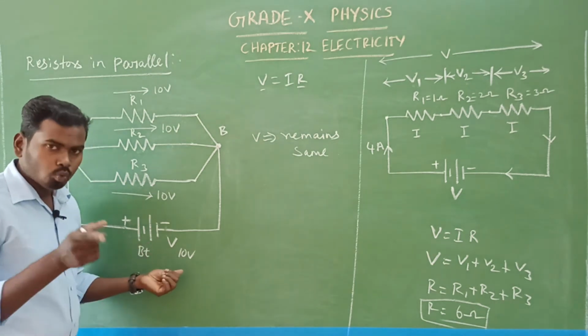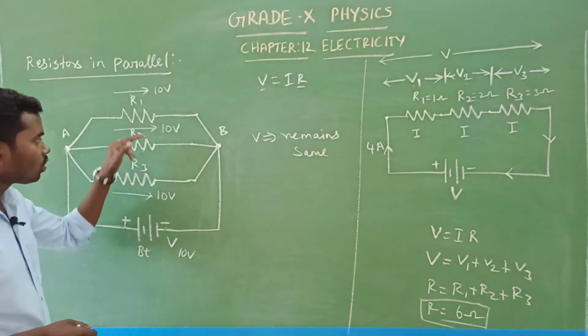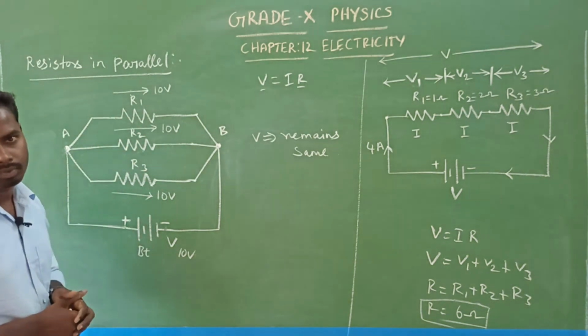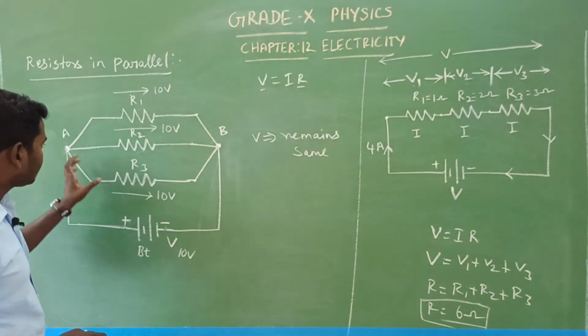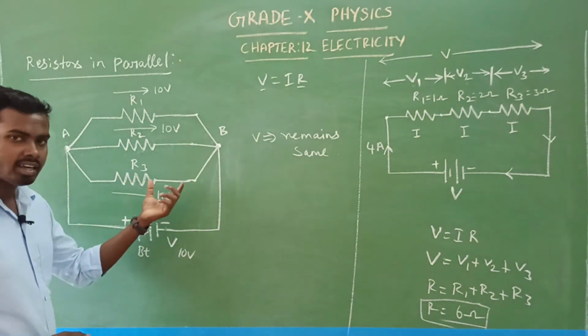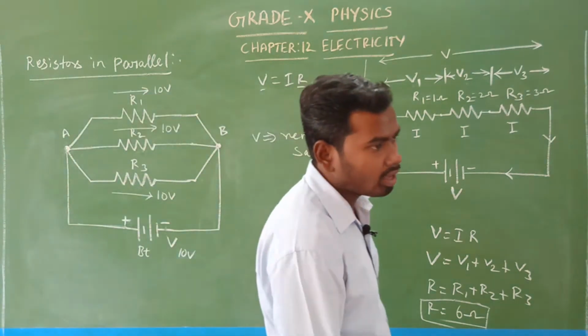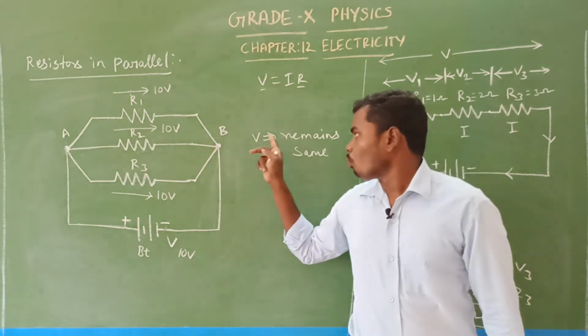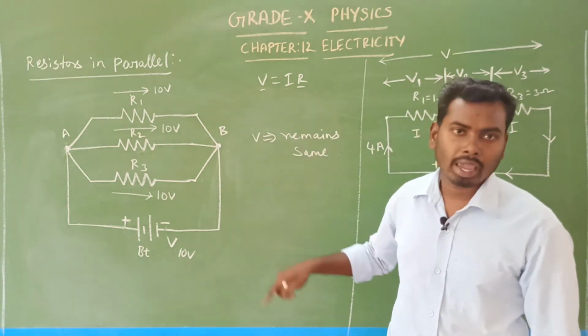If we apply a 10 volt potential difference in the circuit, each resistor will have the same 10 volt potential difference. Is that clear? Because all the resistors are directly connected to the two terminals of the battery. That is the reason why in parallel combination voltage remains the same. Keep that in your mind.